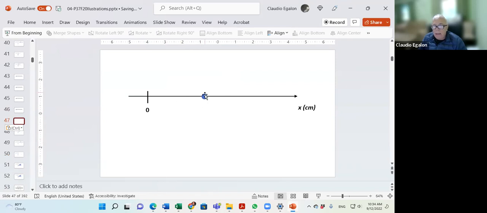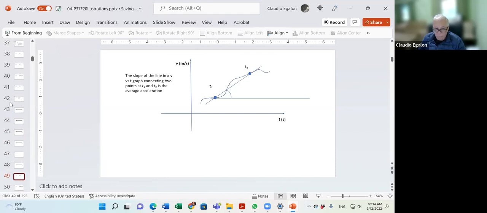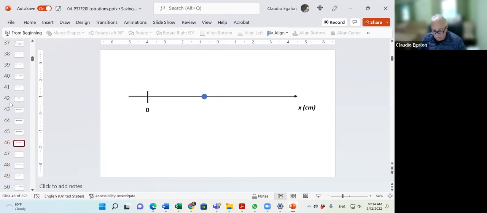And then momentarily at rest, and then it starts to move in the other direction. Maybe I'm gonna copy here. This one right in here, right? Momentarily at rest.